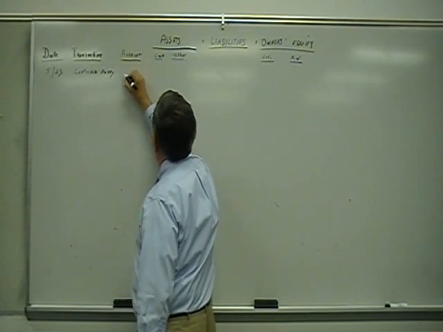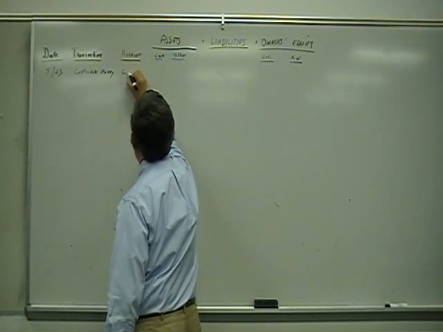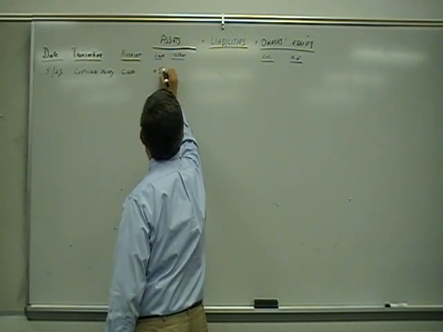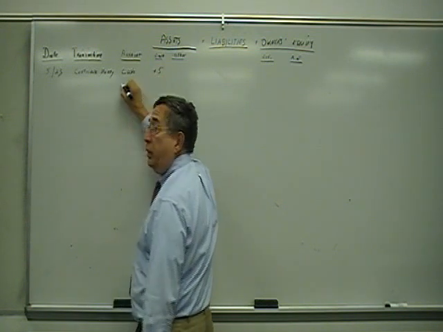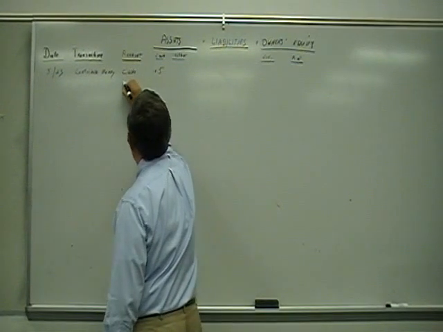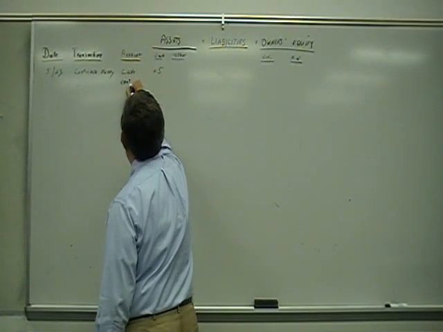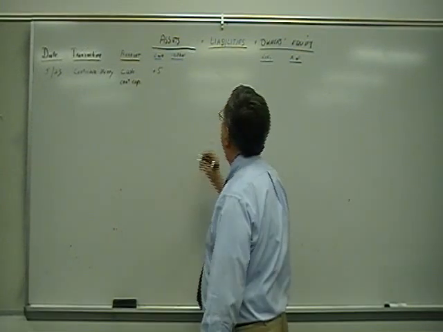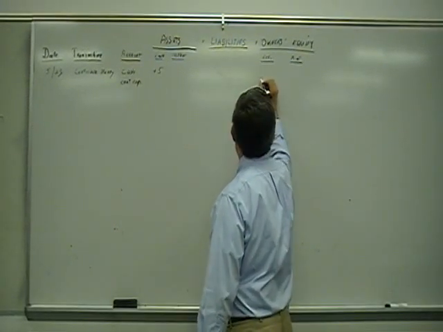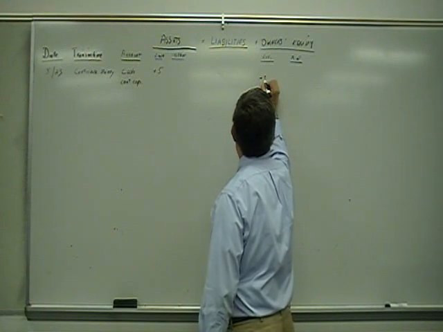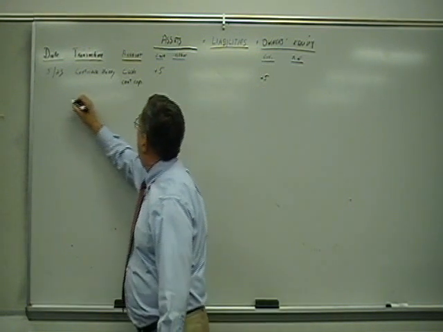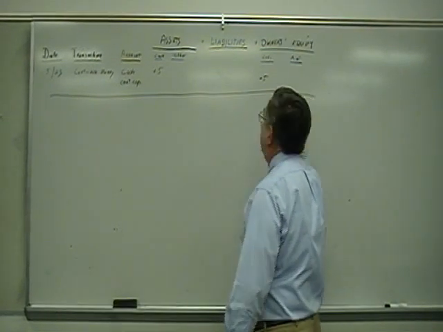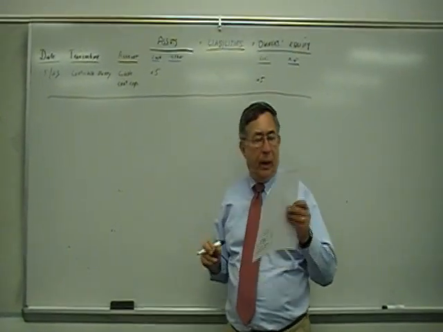And you know that the cash account increases by $5, that's an asset, and the contributed capital account, which is an owner's equity account, also increases by $5. And we've got our company started now with assets and owner's equity equal to $5. So we're on our way.